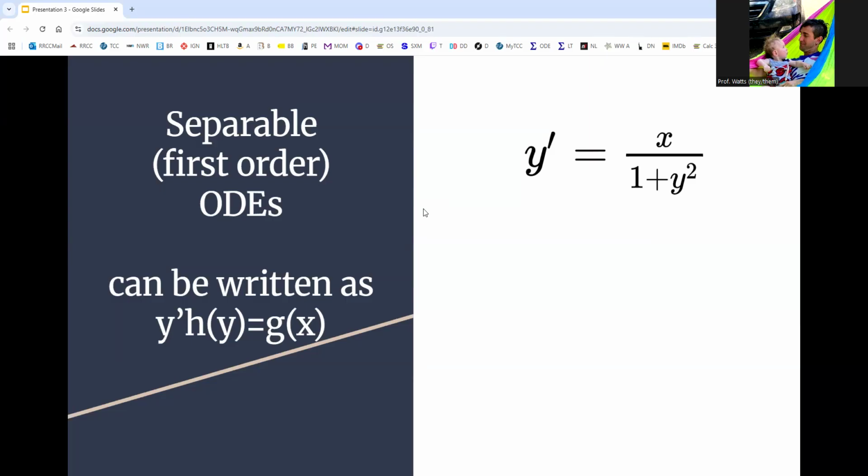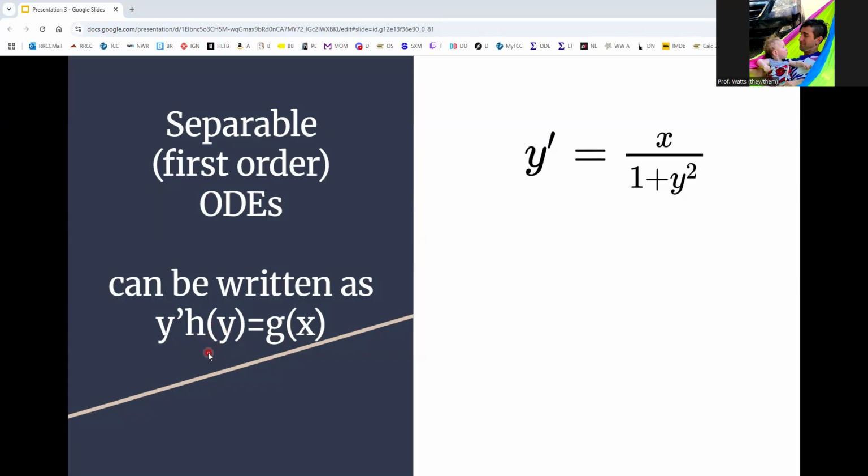But that's actually not an exact description of this because you really need the y and y prime to be written in the formula you see here on the left. It has to be y prime times a function of y.